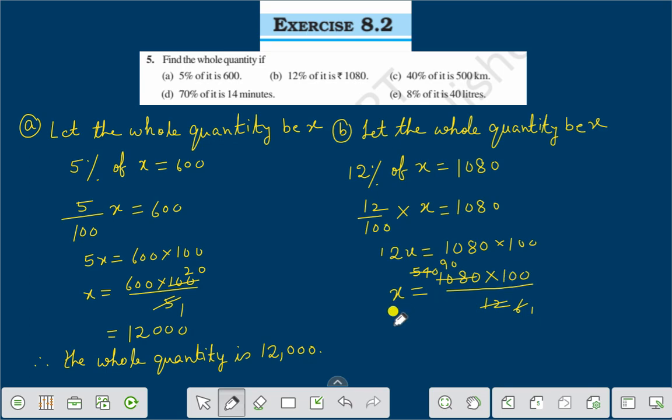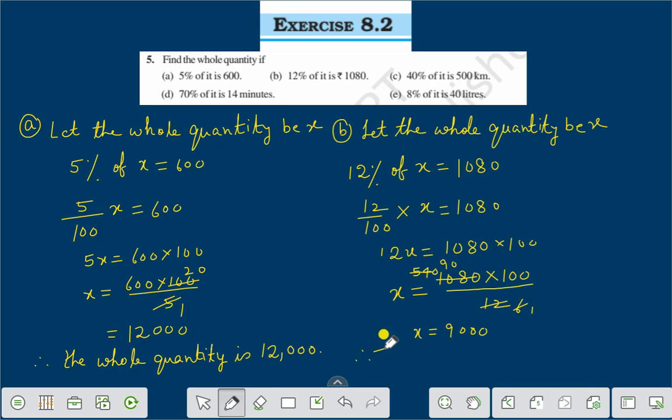So x is equal to 9 and 3 zeros, that is 9,000.